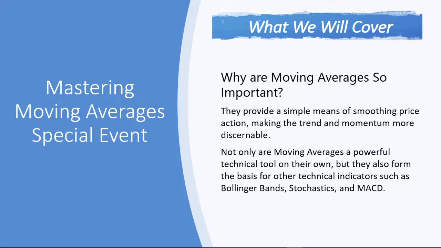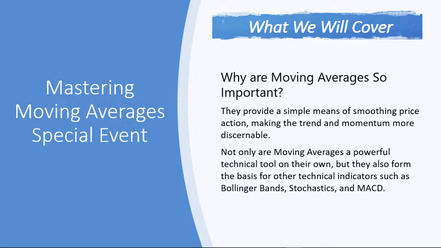So they can be used as standalone indicators, moving averages, to help identify trend, strengthening trend, weakening trend, emerging trend. But they are also the foundation for a lot of different technical indicators. Maybe you weren't aware that stochastics is based on moving averages, or Bollinger Bands, or MACD.